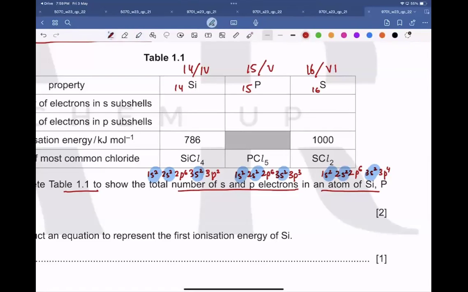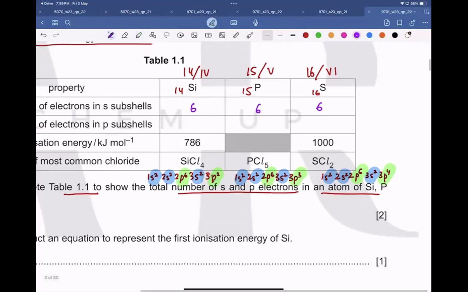There are 6 electrons in the s subshells of each atom. Is this clear? Now, for the p electrons, in silicon there are 8 electrons. In phosphorus, there are 6 plus 3, 9 electrons. And in sulfur, there are 6 plus 4, 10 electrons. Is this understandable to all of you?